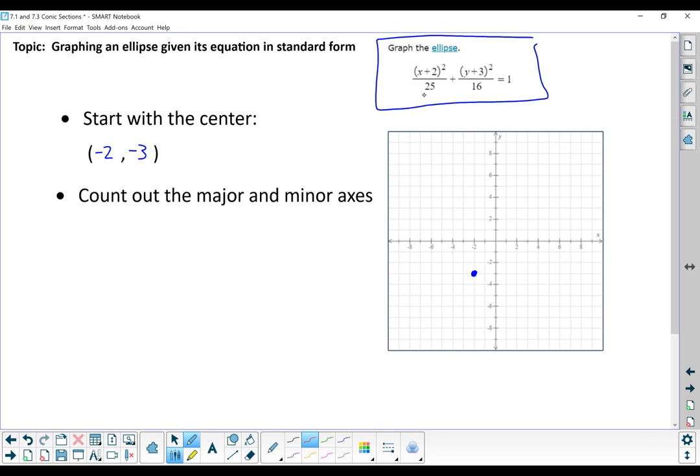In the x direction, we're going to count out 5: 1, 2, 3, 4, 5, and 1, 2, 3, 4, 5. And in the y direction, we're going to count out 4: 1, 2, 3, 4, and 1, 2, 3, 4.